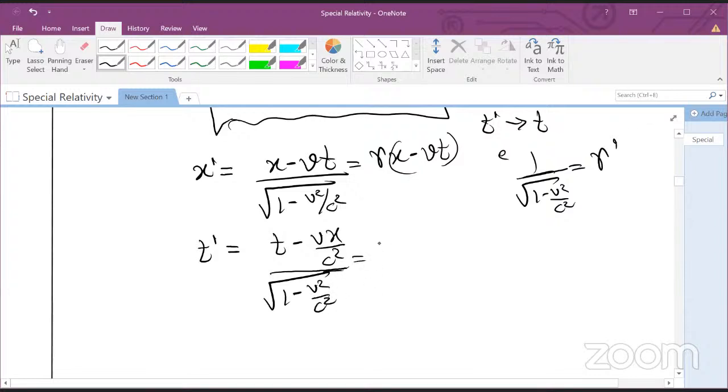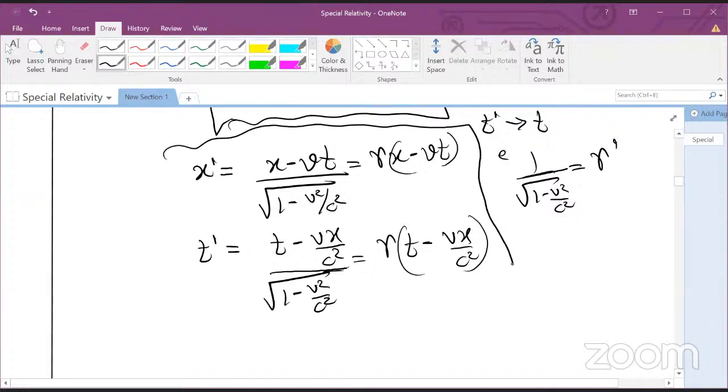So it will become gamma into t minus vx by c square. So this transformation is known as Lorentz transformation.